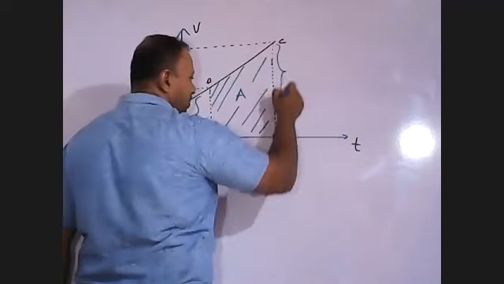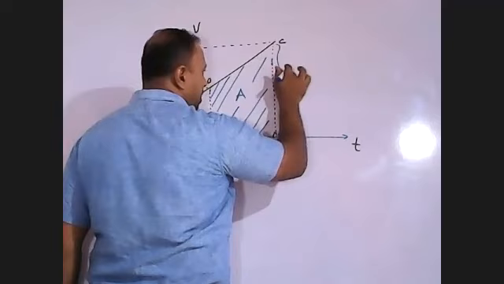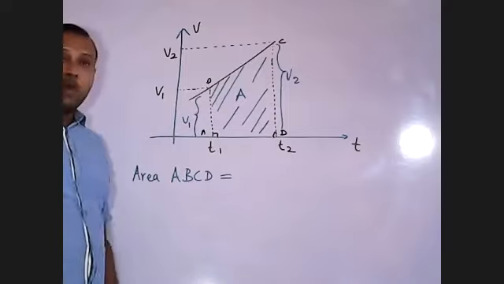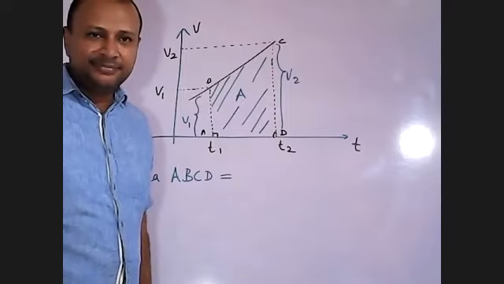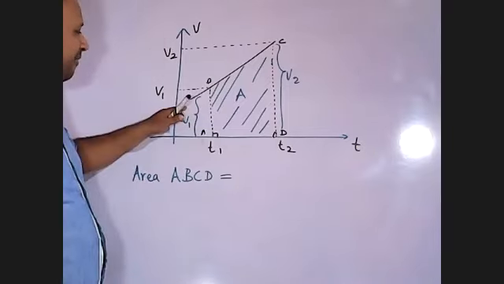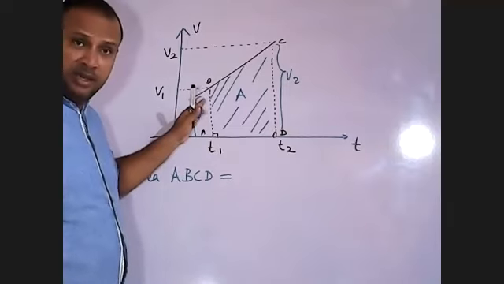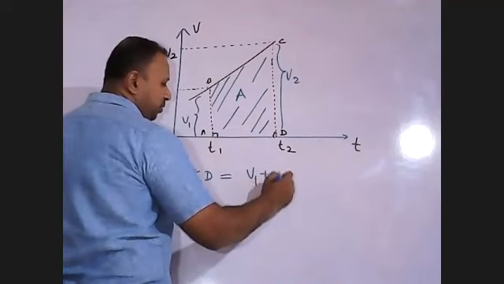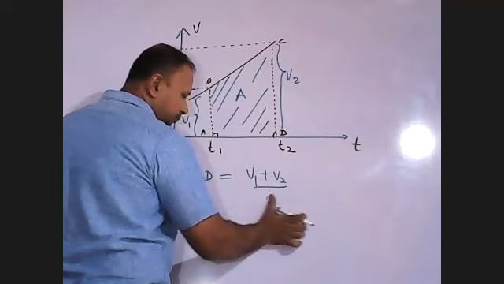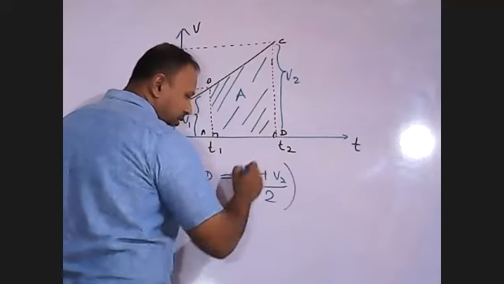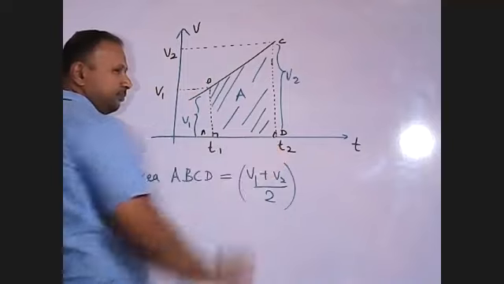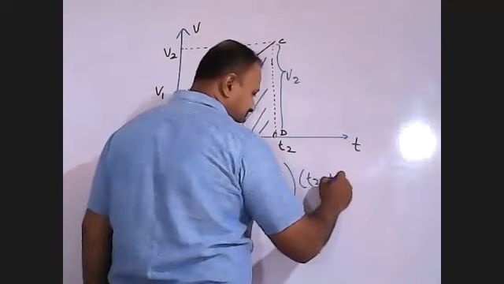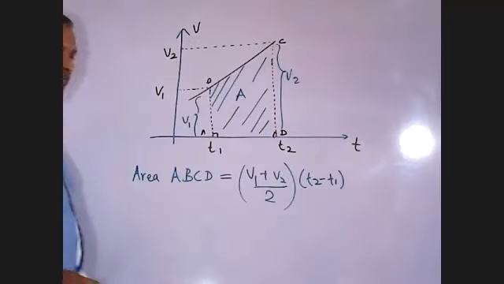This length is V2. It's a trapezium, therefore the area is equal to V1 plus V2 over 2 times the perpendicular length, that means T2 minus T1.